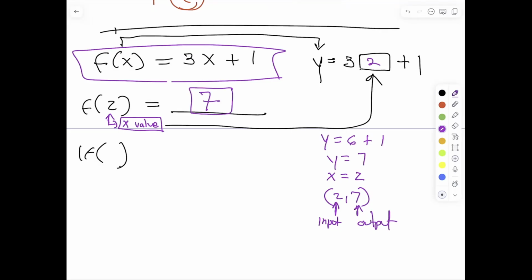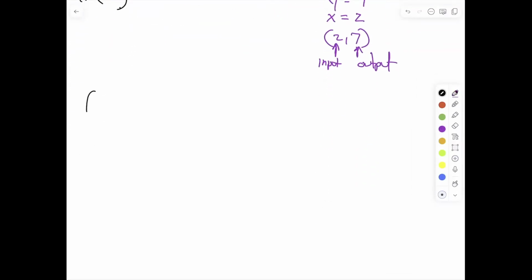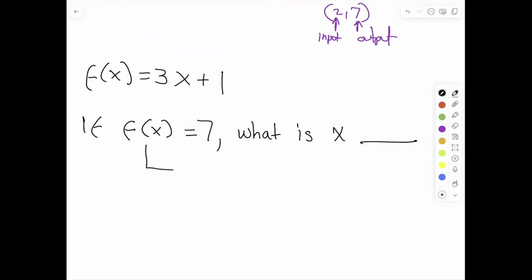Good. So now I'm going to give you the same problem, and I'm going to say the following. If f of x is equal to 7, what is x? So what does the f of x stand for now? Is it the x or the y?